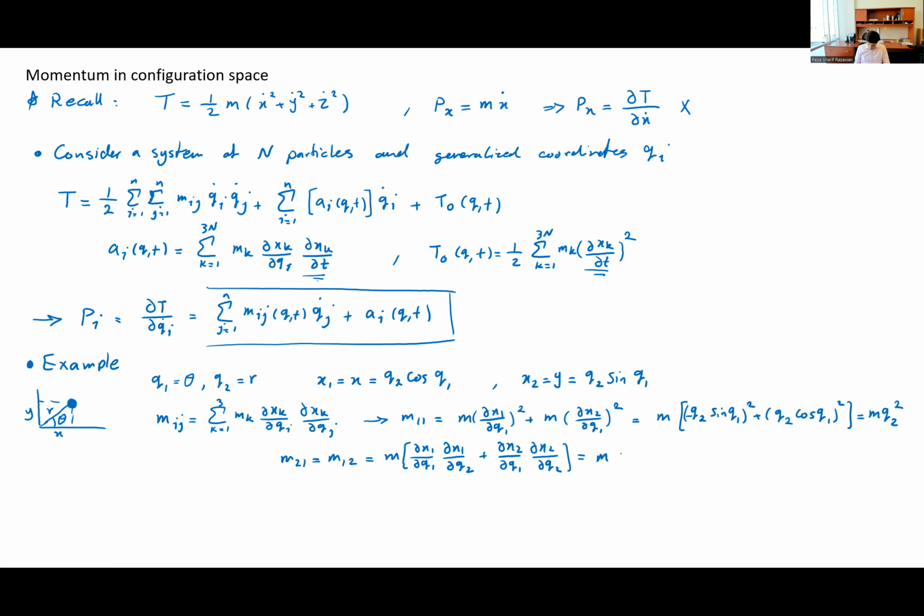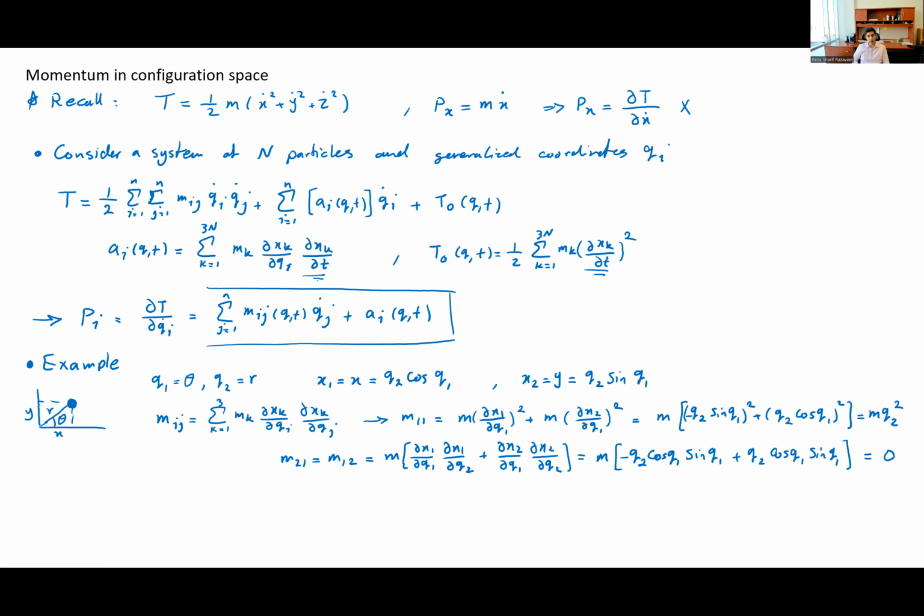If you write it, it is M times minus q2 cosine of q1 times sine of q1, plus another q2 cosine of q1 sine of q1, and they actually cancel out.